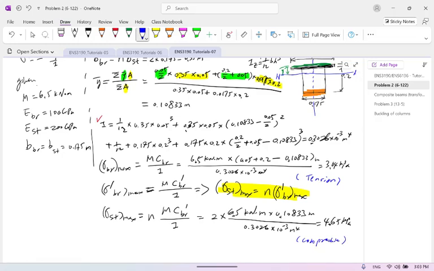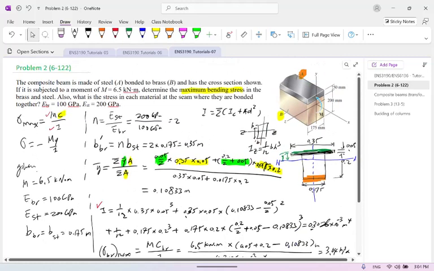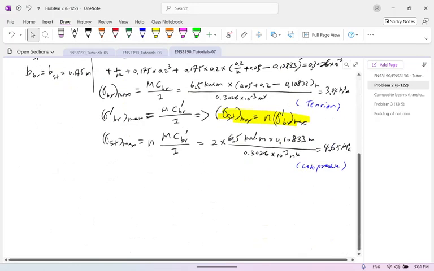So the values we can see will be a lot different. So that's why from here we can get the values. Okay, the value we can work out is the maximum. But still another question we ask is, what is the stress in each part?